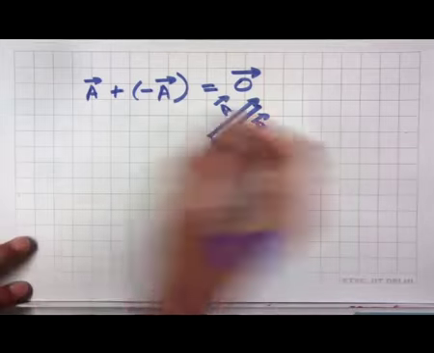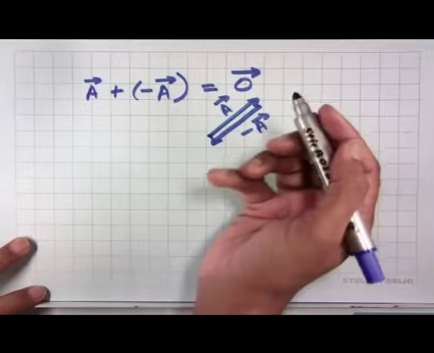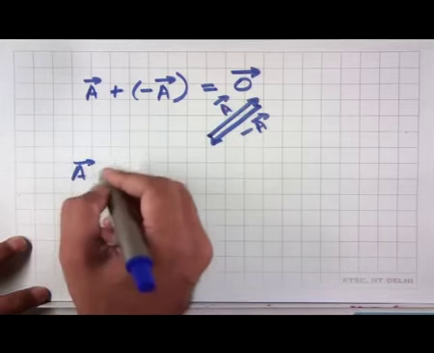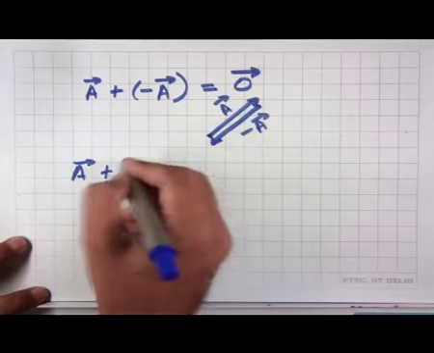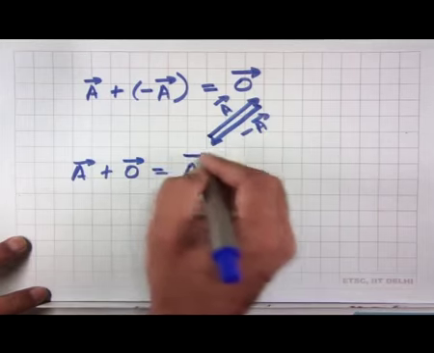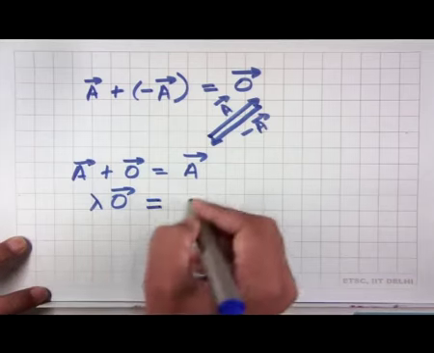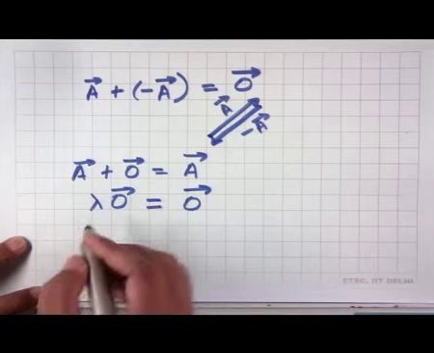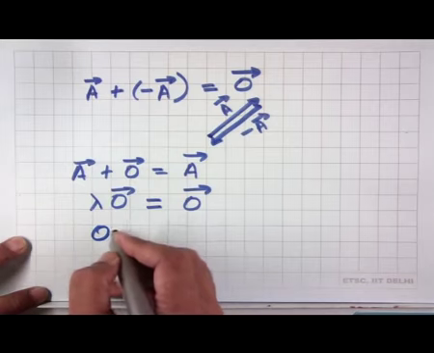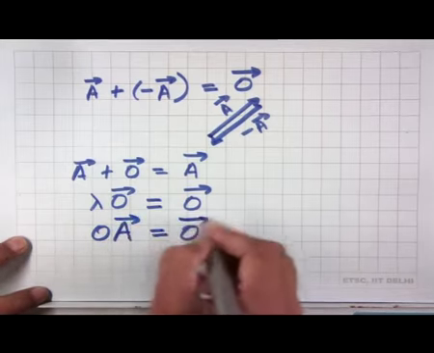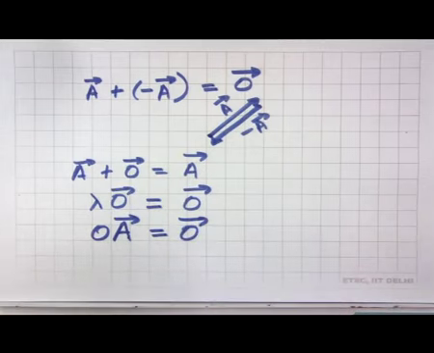So, the result of adding A to minus of itself is a 0 vector. We can also from here reduce: A plus the 0 vector gives us A, lambda times any scalar times the 0 vector will give us the 0 vector itself, and a 0 scalar multiplied by a vector A will give us the 0 vector. So, we have defined a 0 vector in this way.